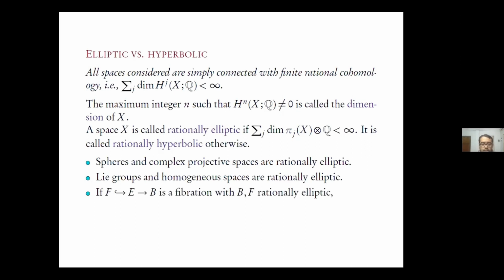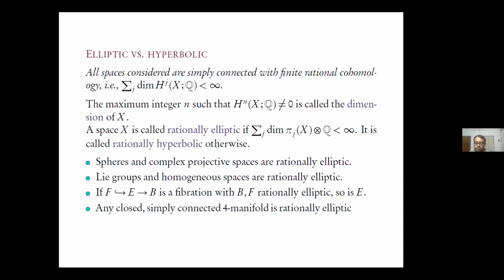You can even use the long exact sequence and tensor with Q to show that if you have a fibration F to E to B, where B and F are rationally elliptic, then E is also rationally elliptic. Because rationally elliptic means that the rational homotopy groups of B and F will vanish after a point. But then by exactness, the rational homotopy group of E will also vanish beyond that range. So these are three classes of examples.